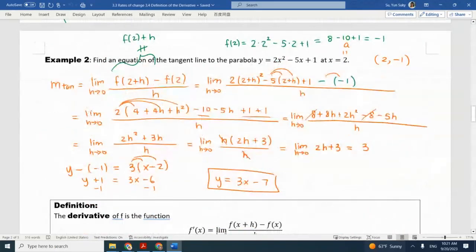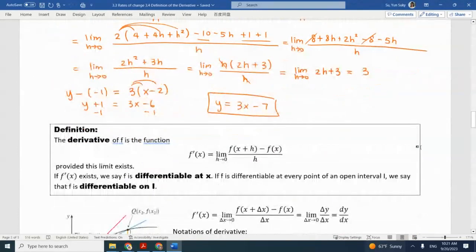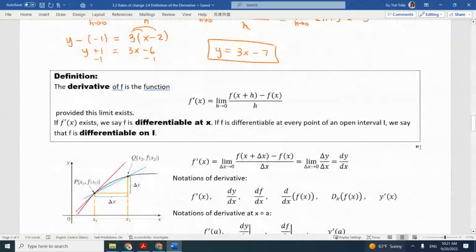Right, everybody? Now let's talk about the general definition of the derivative. For a function f, we have f prime as the limit. The derivative is actually the slope of the tangent line. Do you remember the slope of the tangent line at a single point a?